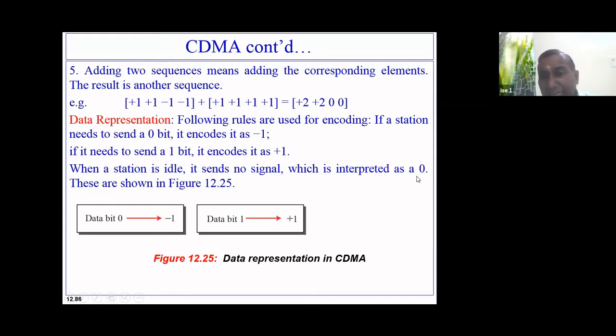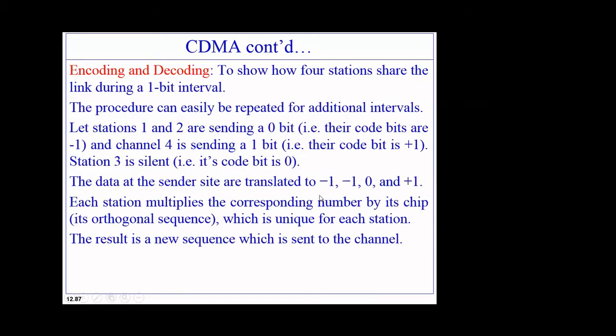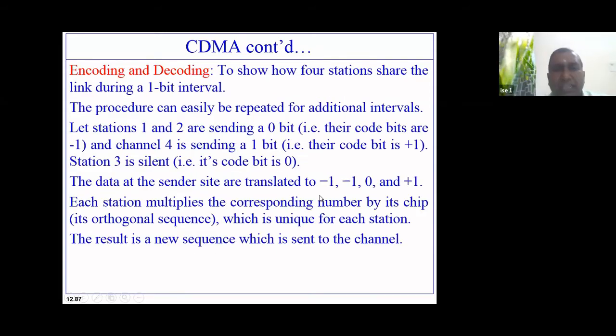So data bit 0 is encoded as minus 1, data bit 1 is encoded as plus 1, and 0 indicates that the station is idle and it is not sending any signal. So silence is 0. Have you understood this data encoding mechanism? Yes, sir.